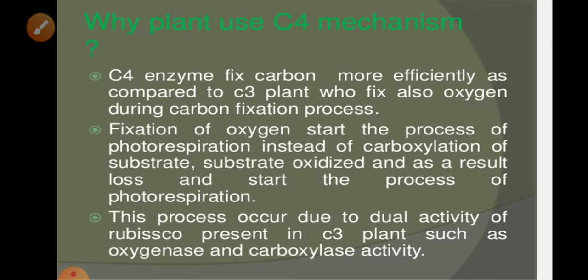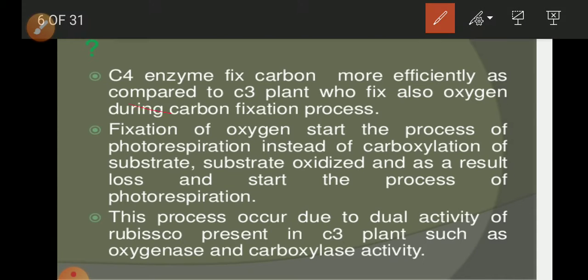C4 plants' enzyme fixes carbon more efficiently as compared to C3 plants, which also fix oxygen during the carbon fixation process. Fixation of oxygen starts the process of respiration, instead of carboxylation.